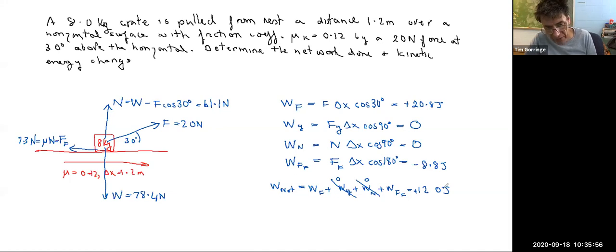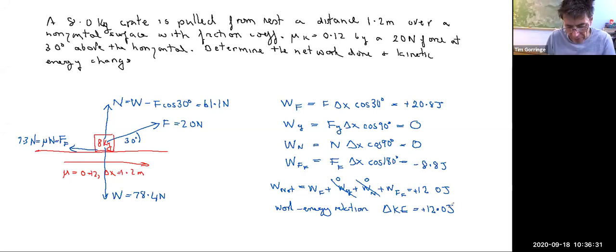And by the work energy relation, that net work that is done on the crate is the change in kinetic energy. So delta is change, KE is kinetic energy. And so the change in kinetic energy is also plus 12 joules. The kinetic energy increased by 12 joules.